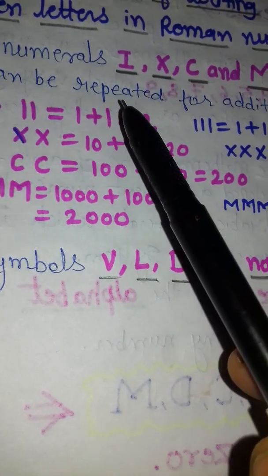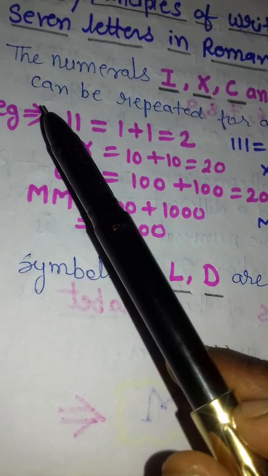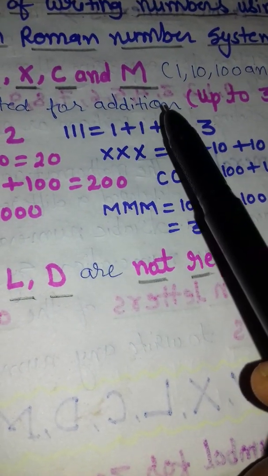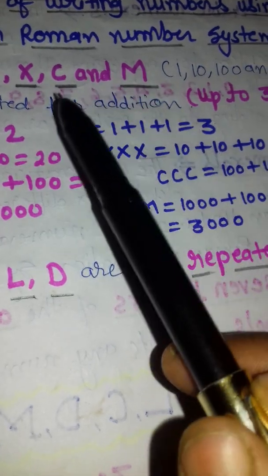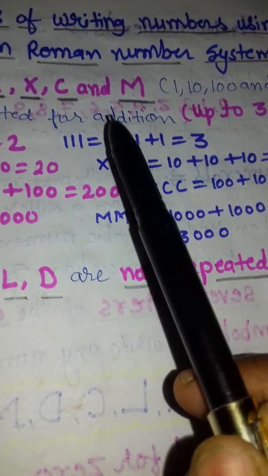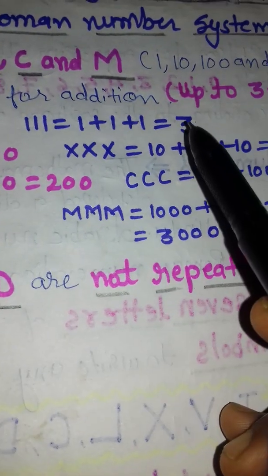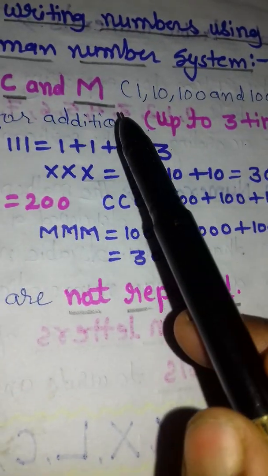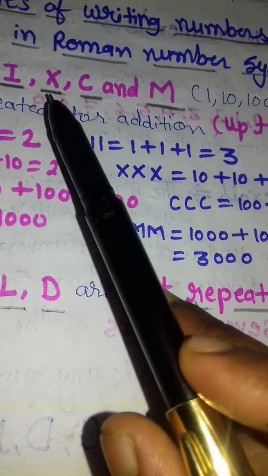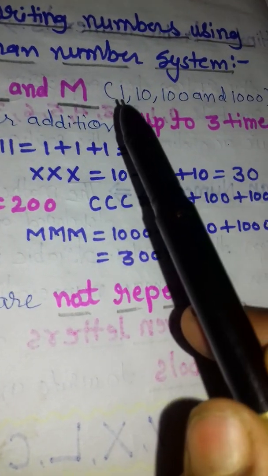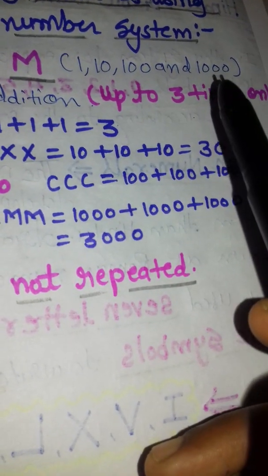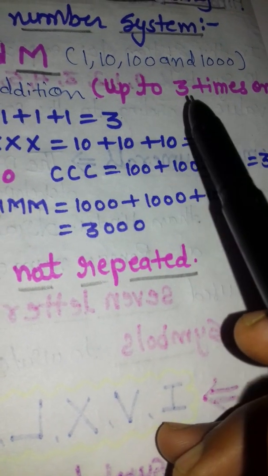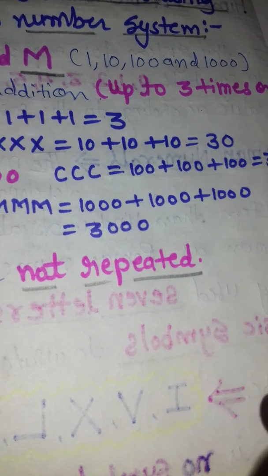These can be repeated for addition. But how many times? Up to 3 times only. These symbols I, X, C, M, with values 1, 10, 100 and 1000, can be repeated in the Roman number system up to 3 times only, not more than 3 times.